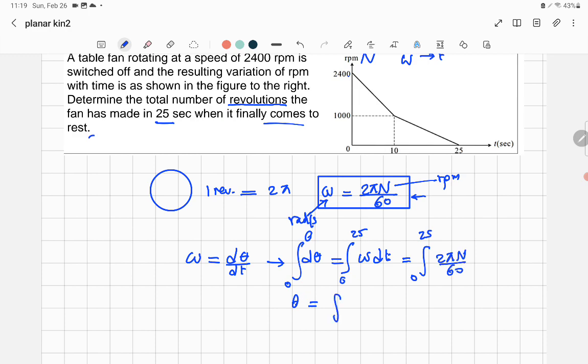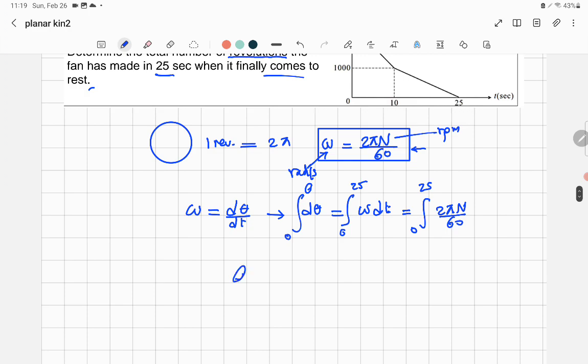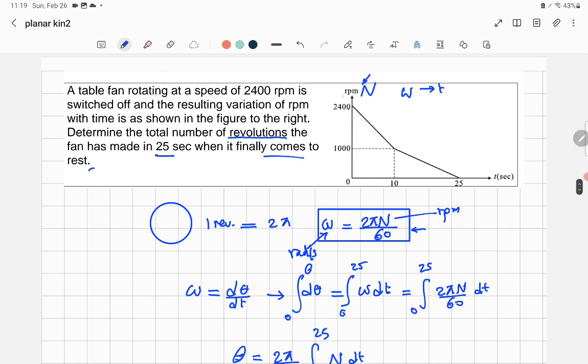So theta equals the integration, and let's take the constant out: theta equals 2 pi over 60, which is constant, and the integration will be only for N, from 0 to 25, N dt. What does the integration of N mean? N is the revolutions per minute given in this diagram. When you integrate with time, it means you find the area. So I will find the area.